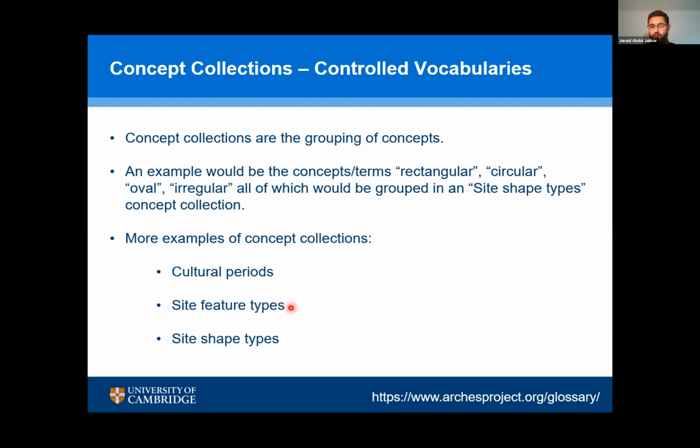These feature types could include mounds, forts, or other feature types in accordance with our project area. And also there could be a concept collection of site shape types. This is something we have looked into. Site shape types is a concept collection, which includes the concept terms rectangular, circular, oval, and irregular.